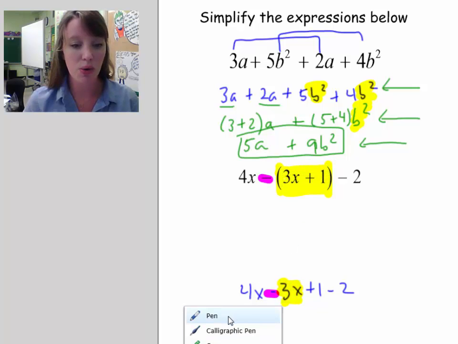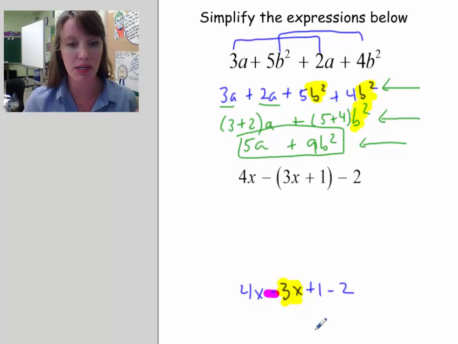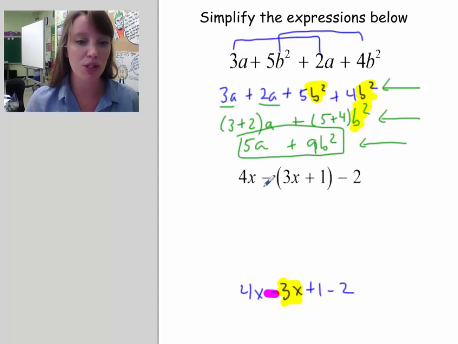So in order to actually do the subtraction, I'm going to have to get rid of the grouping symbol, but I have to bear in mind that both of these things are being subtracted. So we're going to distribute the subtraction into both of the operations here.